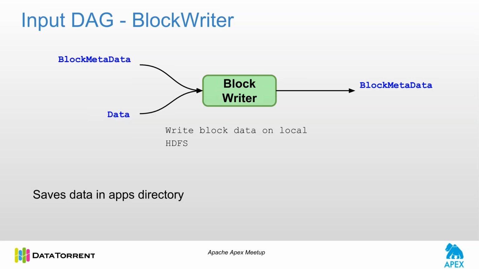You don't need to restart everything afresh. So let's say a 1 TB file is what you're copying, and 700 GB is already copied in terms of blocks, and somehow there is a crash or a failure and you would like to restart your application. You can use this information because it is still there in the apps directory. You can start reading from where you left off, and that's a pretty good feature. You don't need to restart fresh every time.